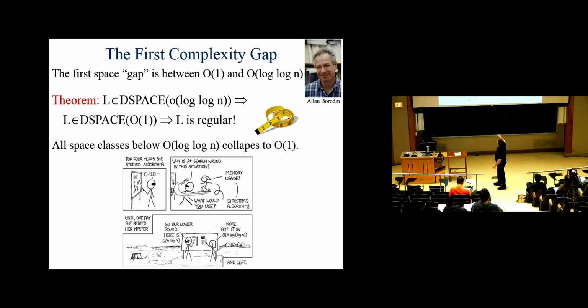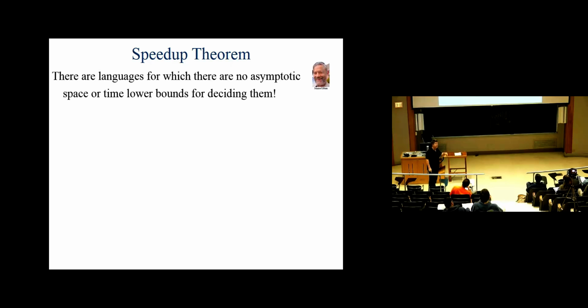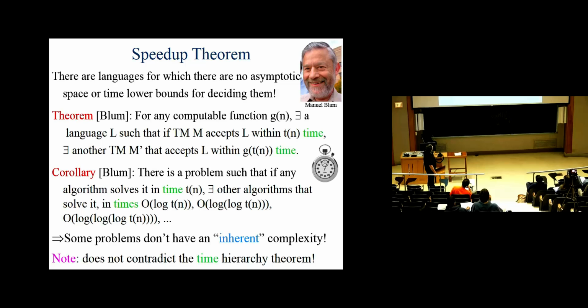Of course, larger than log-log, the space and time hierarchy theorems begin to kick in, and there are no gaps beyond linear for computable bounds. For non-computable bounds, there are still lots of other gaps by the gap theorem we just showed a minute ago. And there's also something called the Speed-Up Theorem, and this is even weirder and more unbelievable than some of the strange theorems we've already seen. This says, basically, there are languages for which there's no optimal algorithm to solve them, asymptotically even.